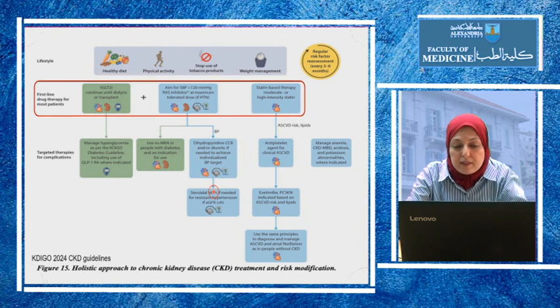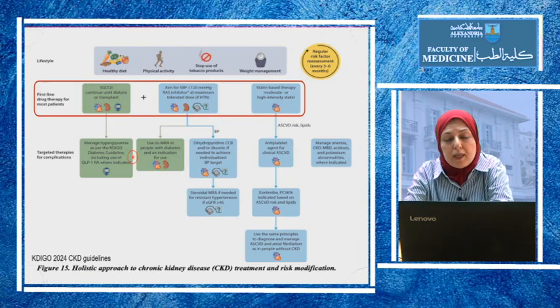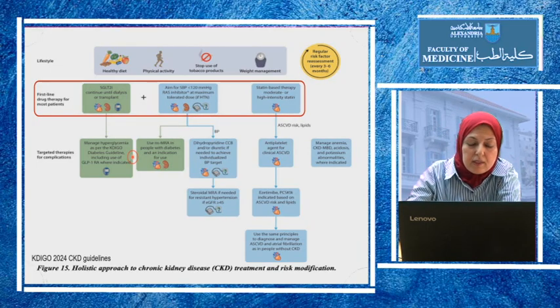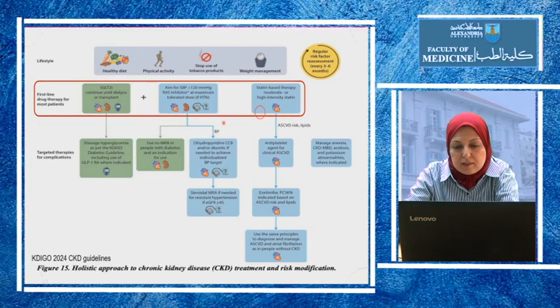And if still hypertensive, we may add steroidal MRAs, or mineralocorticoid receptor antagonists, like spironolactone or eplerenone, if the GFR is above 45. And there is also evidence for the newer non-steroidal MRA finerenone in people with diabetes, and they are trying it in people with CKD without diabetes, and it may have additional antiproteinuric and anti-progression effects.